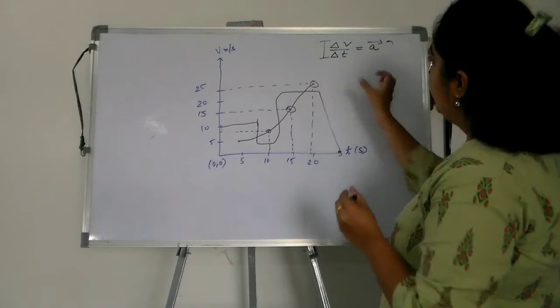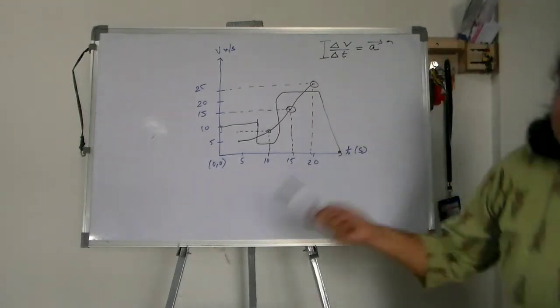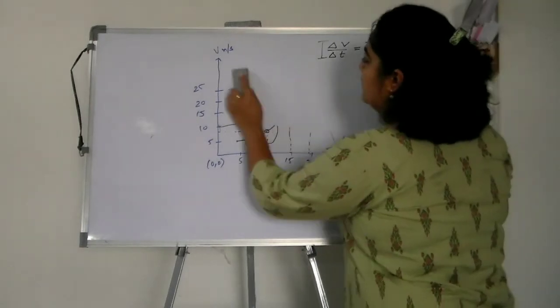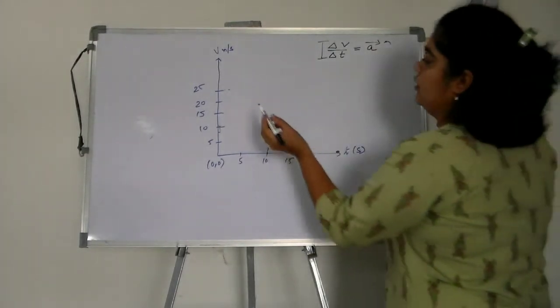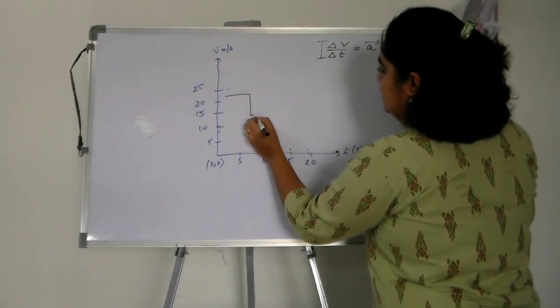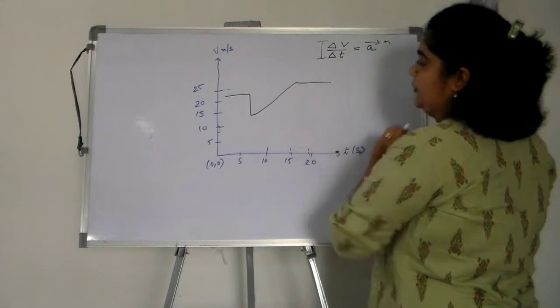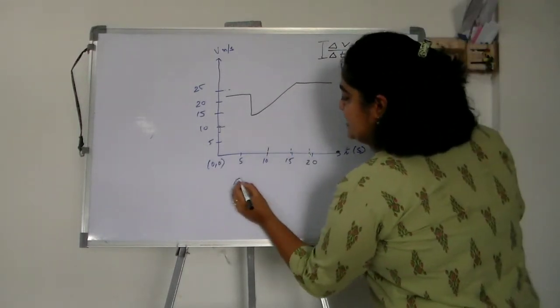Now from where do we get this delta V by delta T? That is also something that we have to learn from the graph as a part of our mathematics exercise. So just imagine this type of velocity graph.